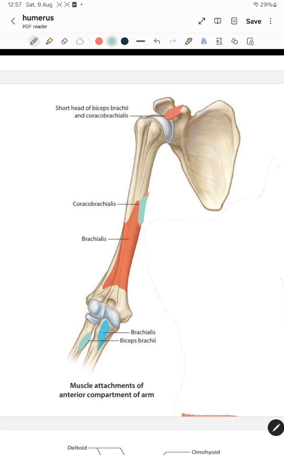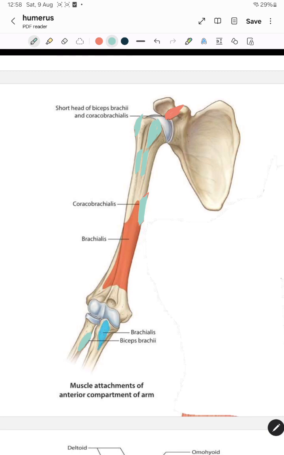We have already seen the subscapularis, and on the greater tubercle we have the three muscles: supraspinatus, infraspinatus, and teres minor. So we have the intertubercular sulcus. It has three parts: the medial lip, the lateral lip, and the area between them.